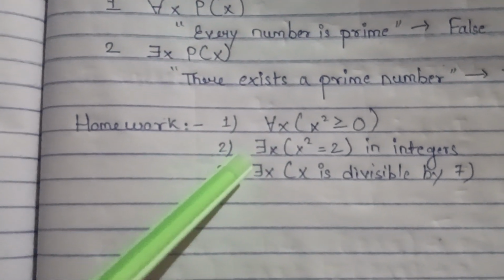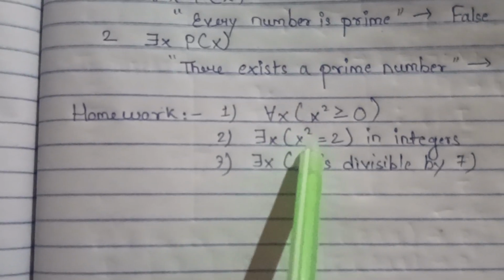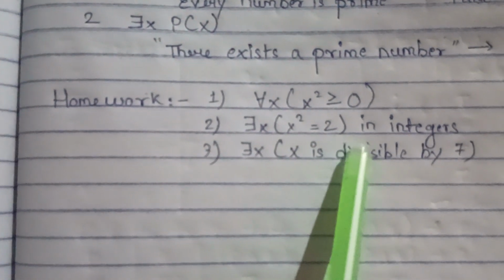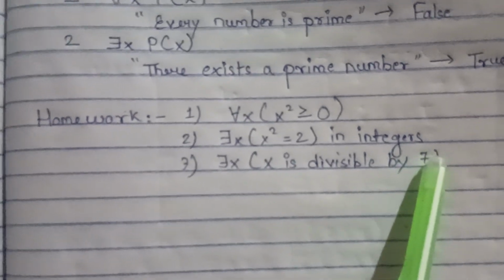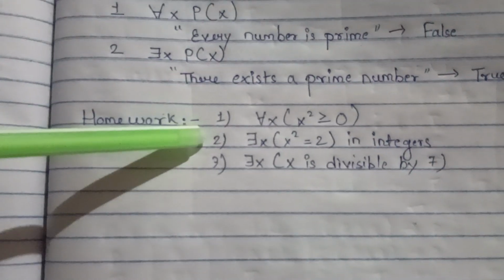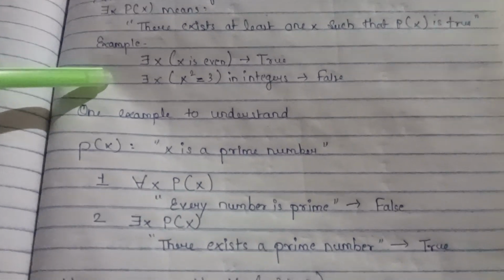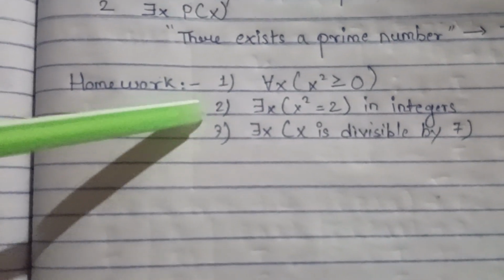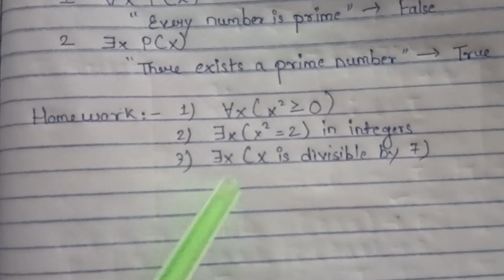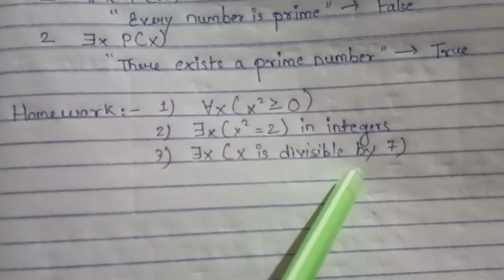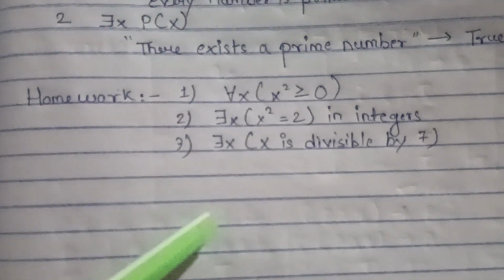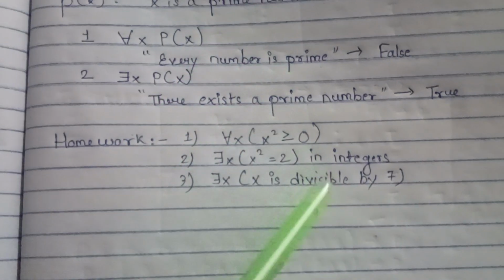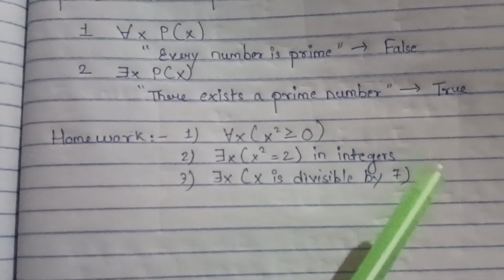Or there exists x such that x squared is equal to 2 in integers, right? This one is false, but the first one would be true. And for there exists x such that x is divisible by 7, because this is existential, there would be one number which will be divisible by 7, right? So it will also be true.